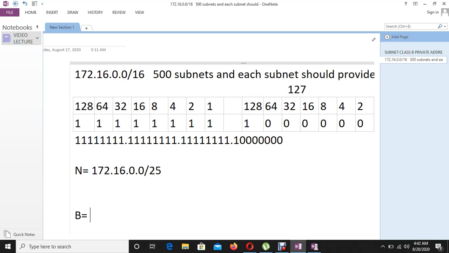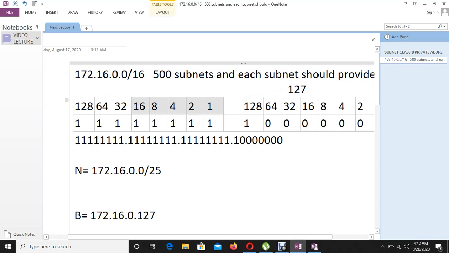All right. So our broadcast address here would be 172.16.0.127, simply because in this third octet there is no bit remaining for the host. They are all borrowed, so there's nothing that we can add to this 0.